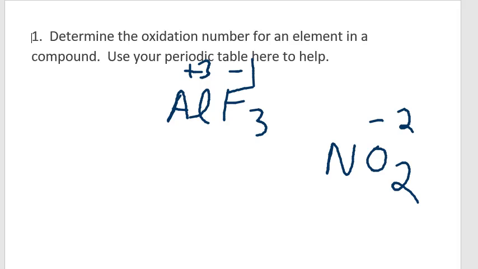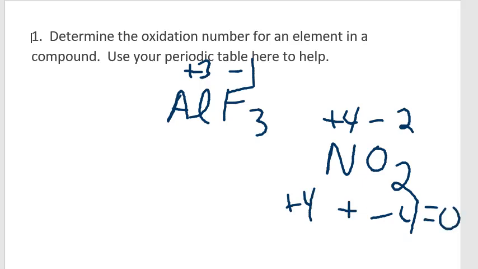So I have 2 oxygens, each one of -2, that's a total of -4. That means if I only have one nitrogen, the oxidation number here for nitrogen must be +4. Since it's a compound, it's electrically neutral, meaning +4 minus 4 is equal, of course, to 0. So you have to be able, again, to assign oxidation numbers.